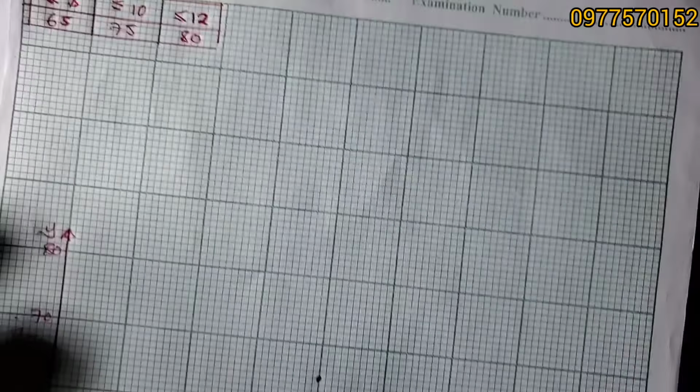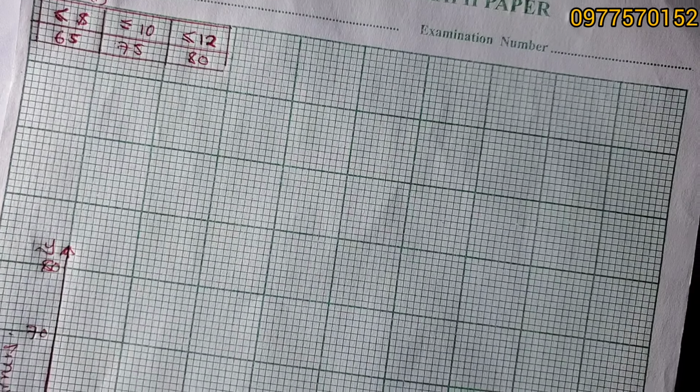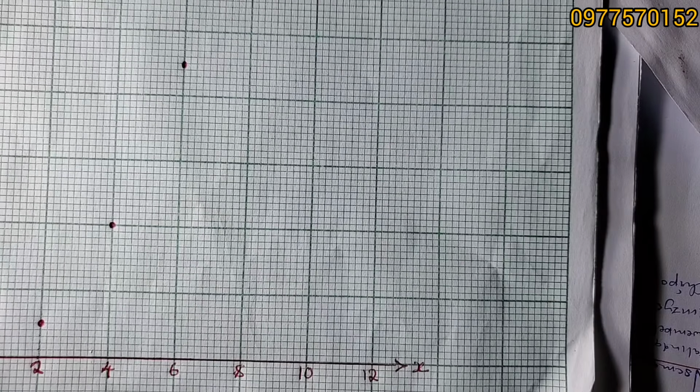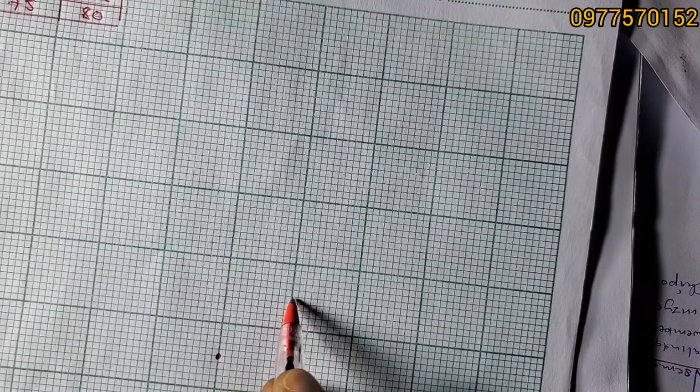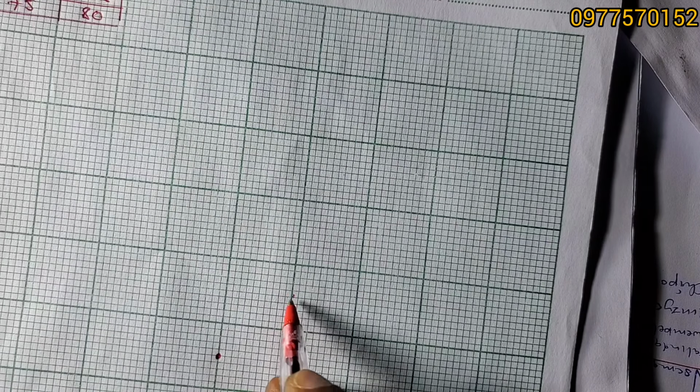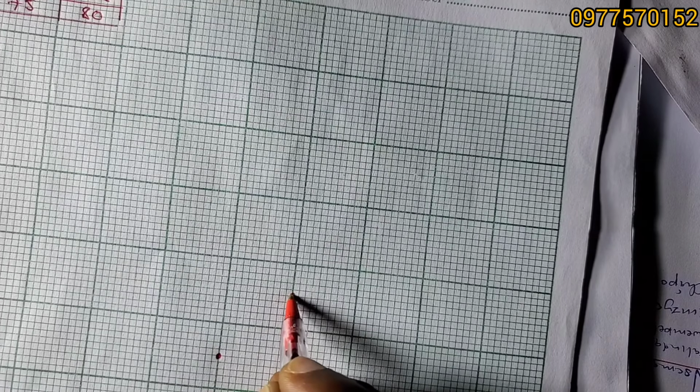Then next, we have 10, 75. So this is where 10 is. 70 is here. 71, 72, 73, 74, 75. Yes, 75 is here.